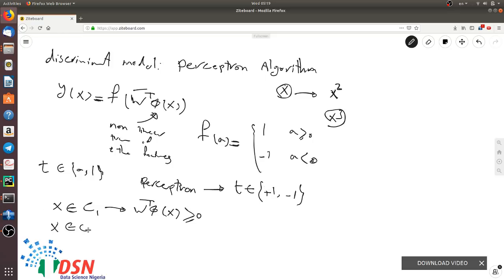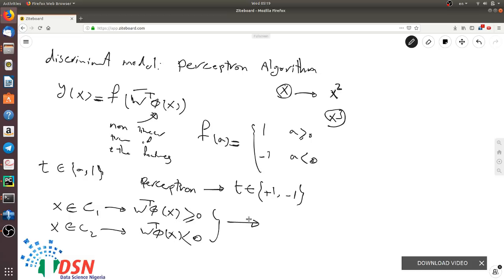Also, if an input vector is for class 2, then we want it less than 0 to match the target vector.